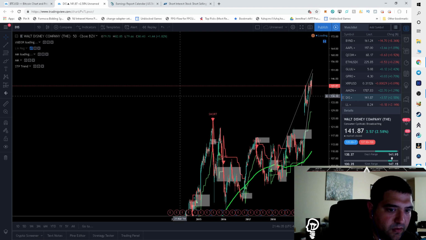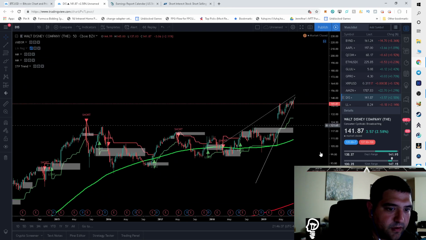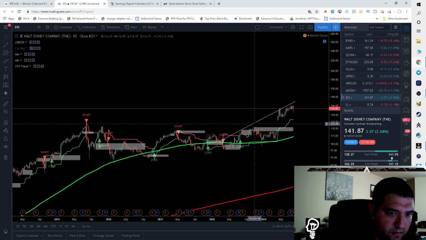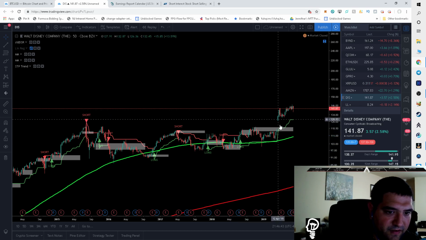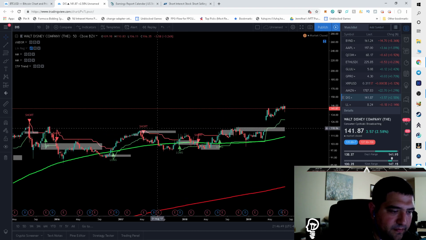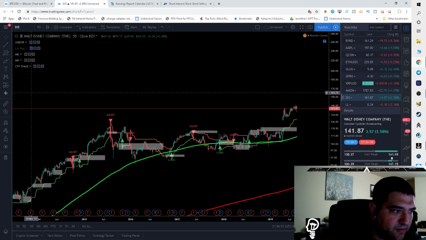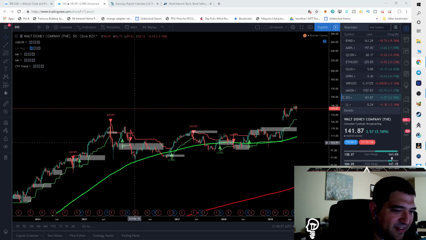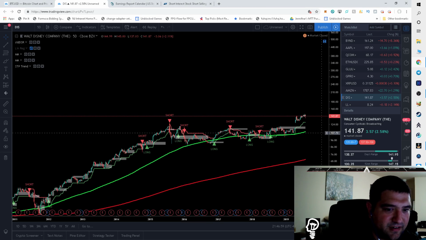Let's go to a larger time frame, right? We do have this big gap here, man. I don't know if you see that, but it could just be a sell the news type deal, right? Yeah, everyone loves Disney.